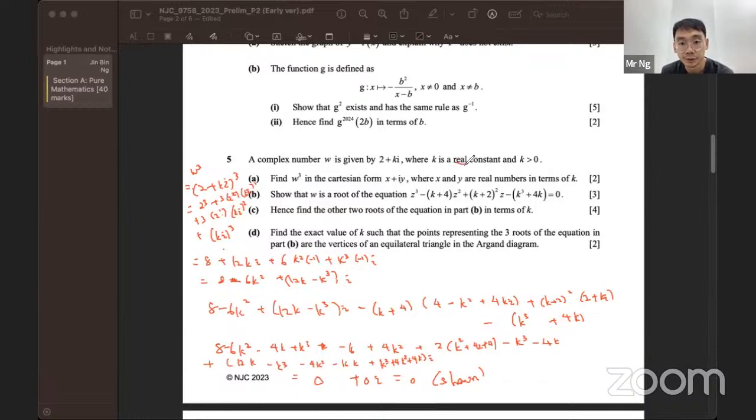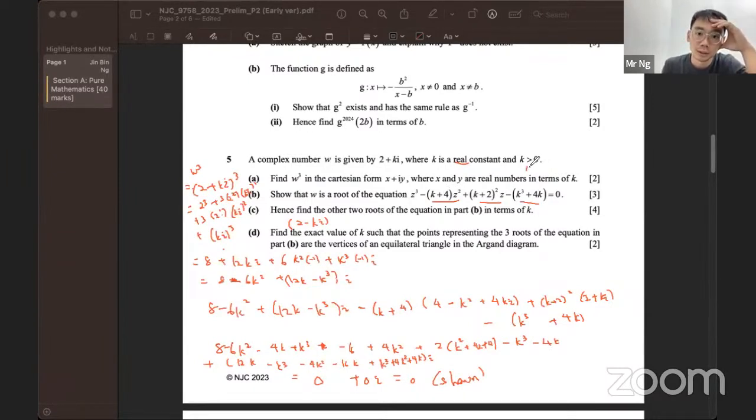So k is real. So these are reals. So the other root is a negative of this thing, so 2 minus ki. I think there's a way to just factorize this.